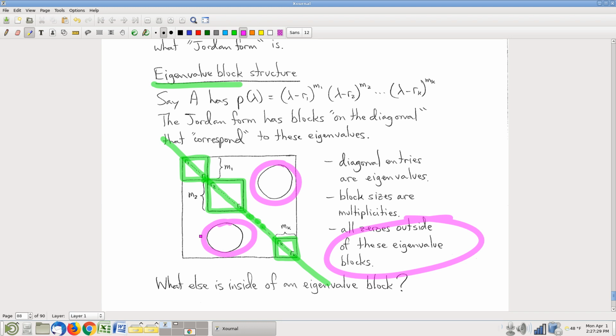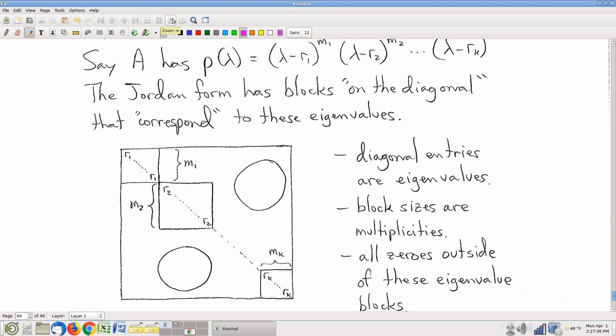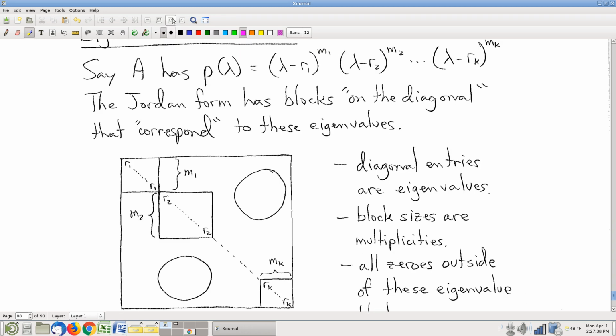But there's some neat things you can say furthermore, by the way, looking at one of these eigenvalue blocks. For example, let's look at the first eigenvalue block. In that first eigenvalue block, the diagonal entries are the first eigenvalue. How about that?